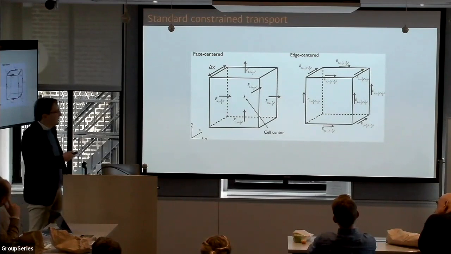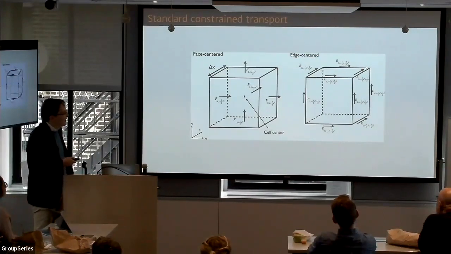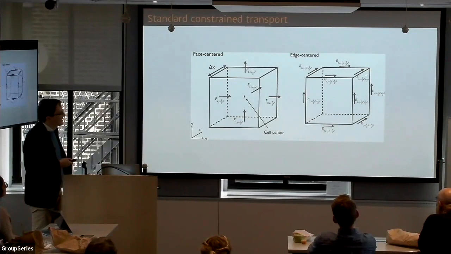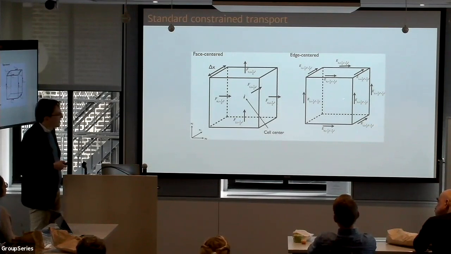In the constraint transport method, you update these fluxes using circuits, calculating the electromotive force around these circuits in an oriented fashion. So we can just say clockwise here. If we calculate this circuit, corresponding to the face on the right, and add it to the flux, then it's going to change the flux by some amount.